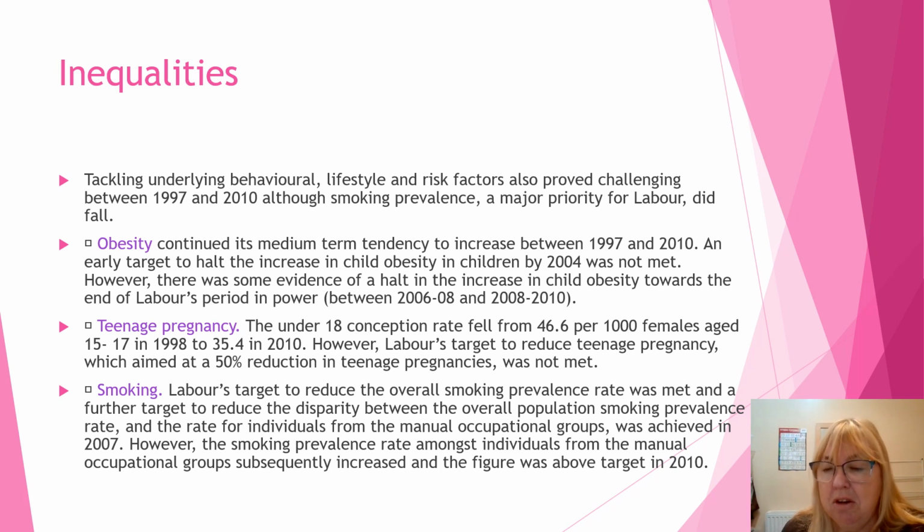They were particularly concerned about people in the manual occupation group, sort of working class, I suppose, and they knew that the target was going to be easier to meet with the middle class. So unfortunately, the smoking prevalence among individuals from manual groups actually went up, although there was an overall reduction. So they knew that whoever took up after 2010 would have to make a real effort on that.